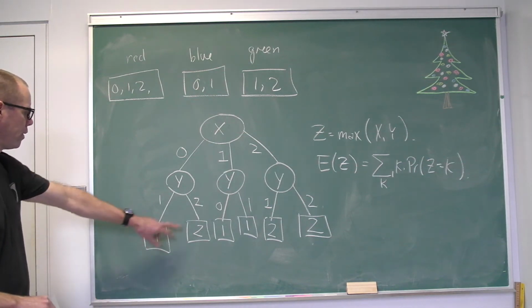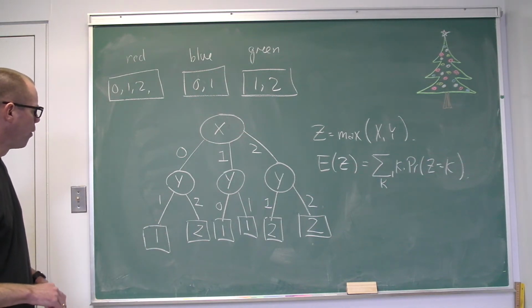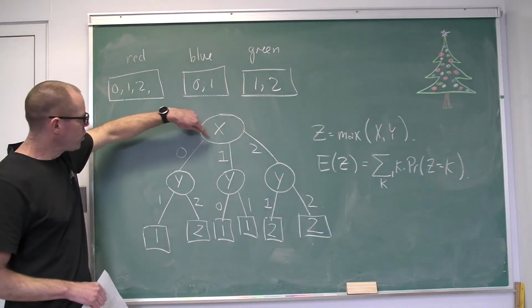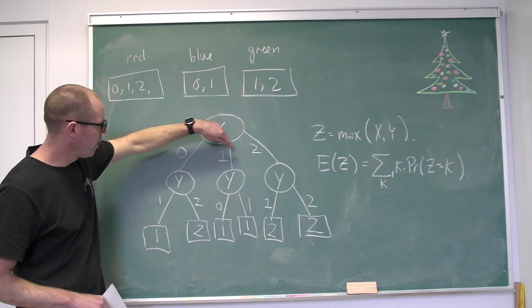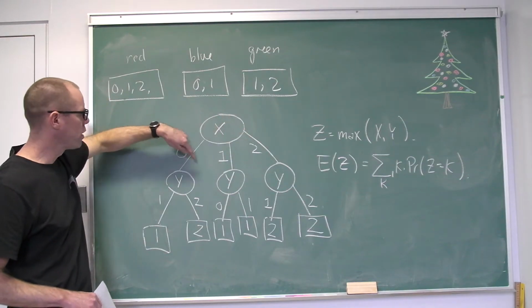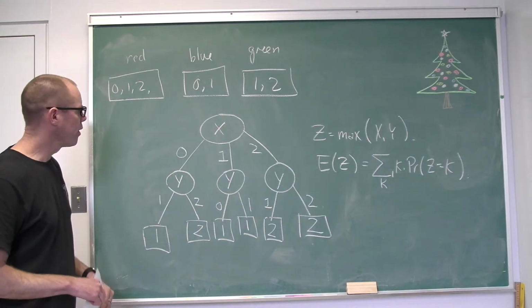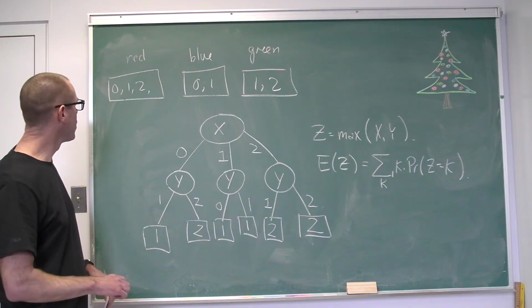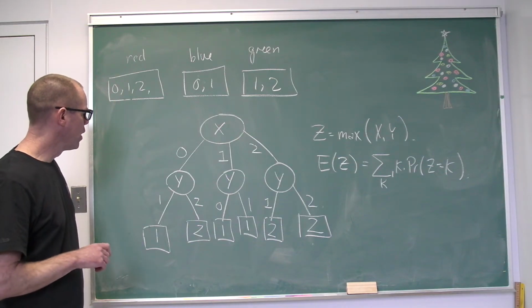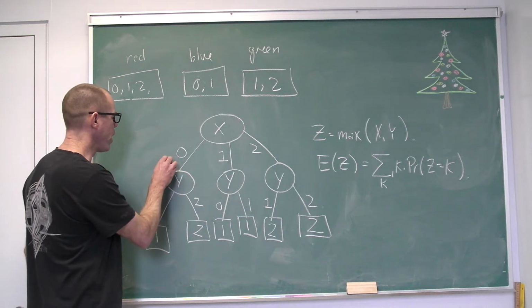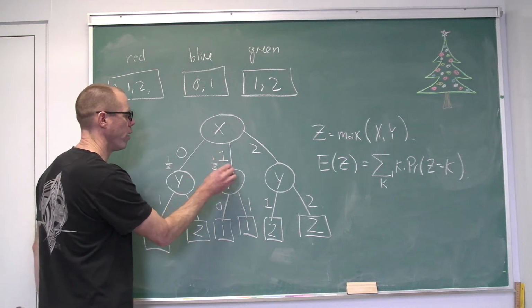So all of these outcomes here. Each of these three choices for x occurs with equal probability. So x is chosen uniformly at random from the red box. So each of these three branches occurs with probability 1/3.